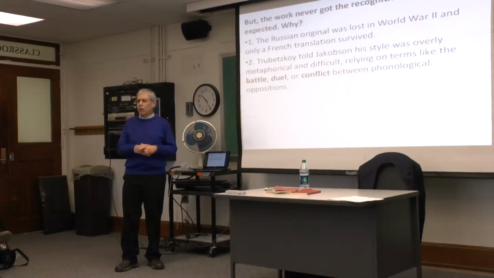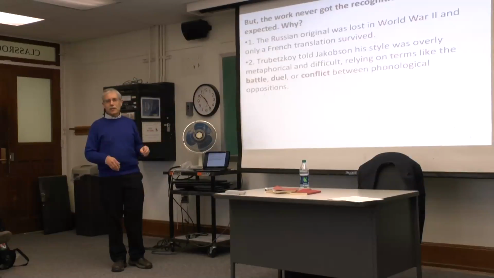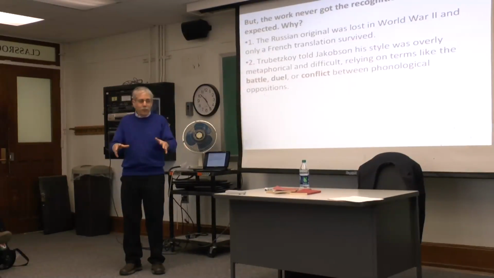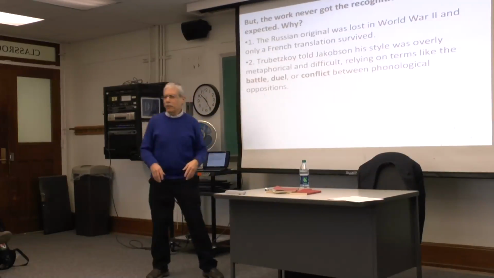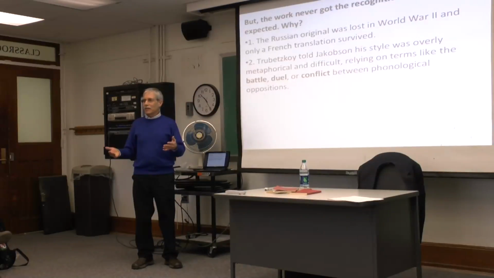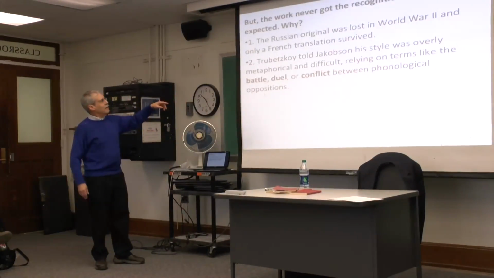And they were published. I have a copy of the book, and I'm going to quote some of these letters. So on the date when Trubetskoy first got this book, which was sometime in November 1929, he started giving Jakobson his comments about the book. And we're going to take a look at some of what he said.